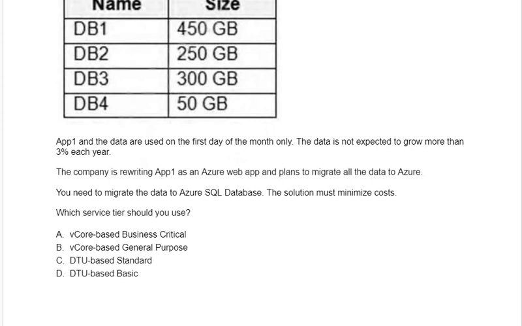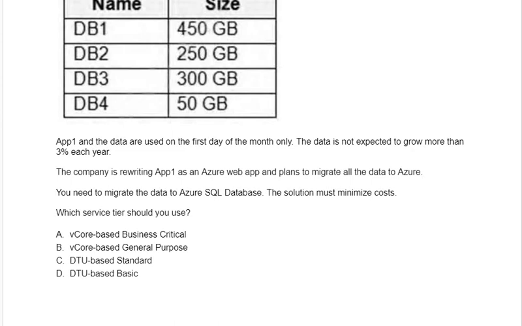The data is not expected to grow more than 3% each year. The company is rewriting App1 as an Azure web app and plans to migrate all the data to Azure. You need to migrate the data to Azure SQL Database. The solution must minimize costs. Which service tier should you use?